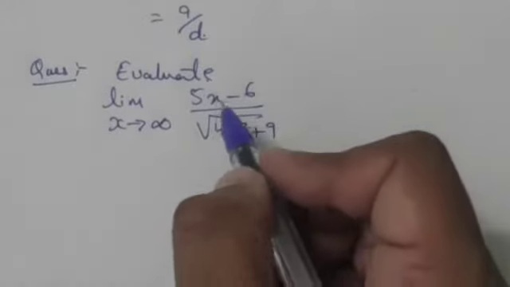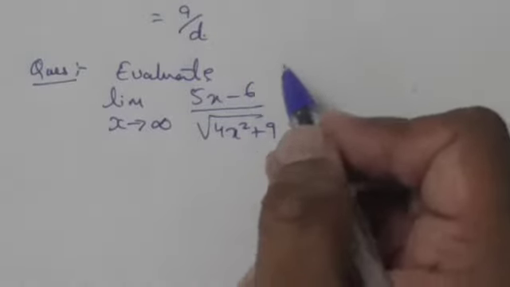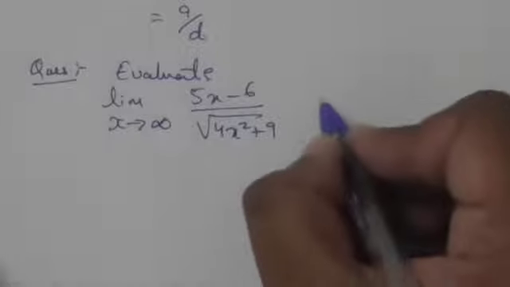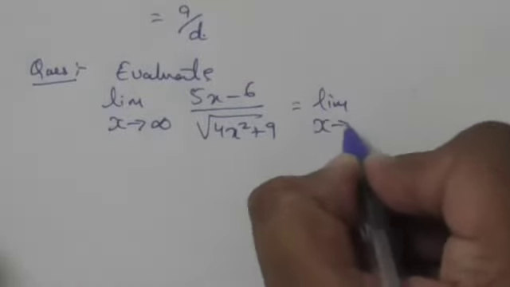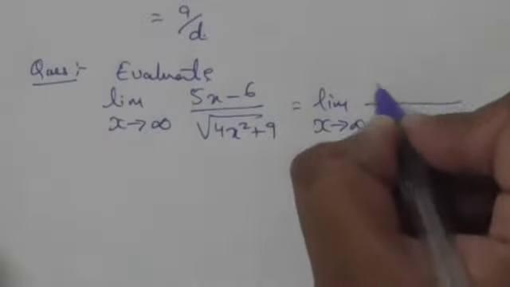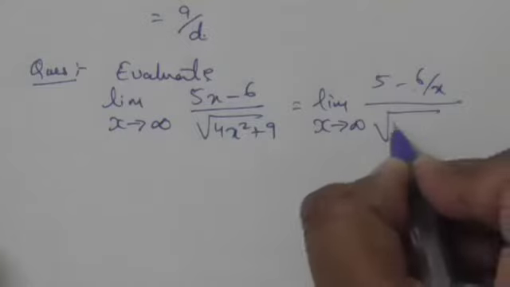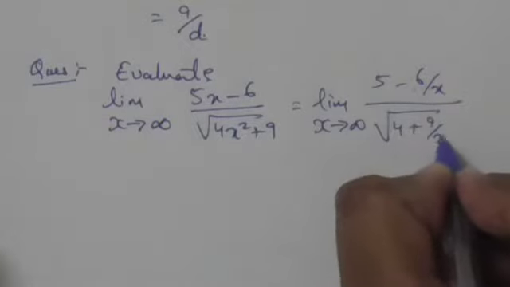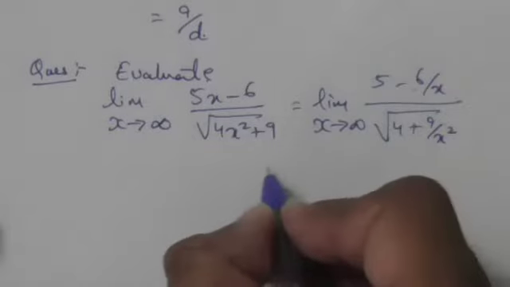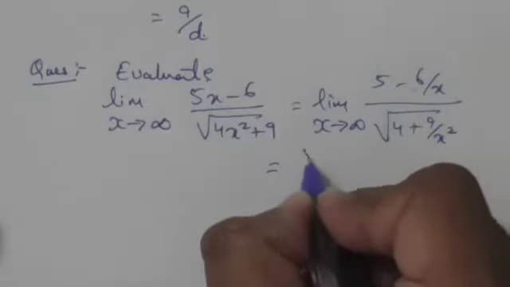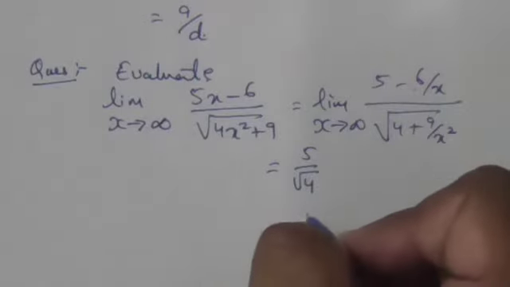In this case, we will divide both numerator and denominator by x. So we will get limit x tends to infinity 5 minus 6 by x upon root 4 plus 9 upon x square. So it will be equal to 5 upon root 4, right?